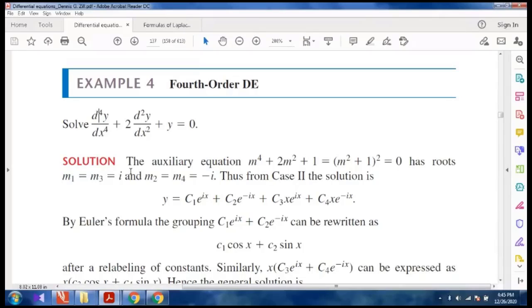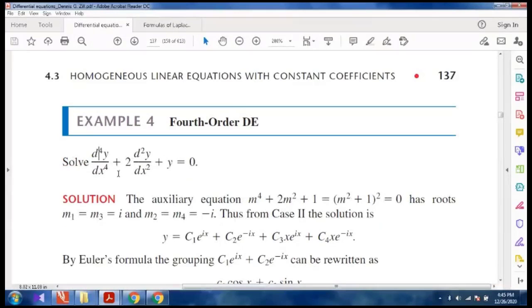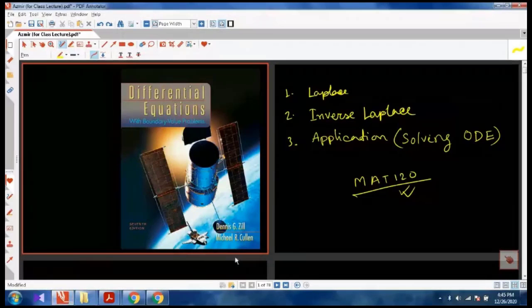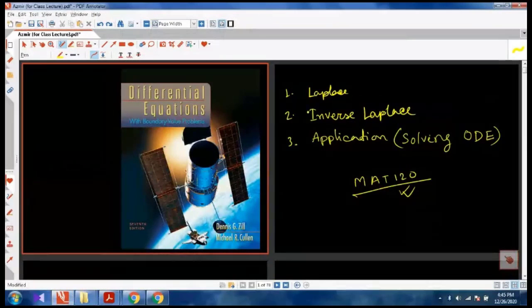So whenever the differential equation is getting of higher order, it becomes too difficult to solve with the previous method that we have learned in Math 120. But Laplace and inverse Laplace transform is the powerful tool to solve this type of ordinary differential equation that may be of higher order.